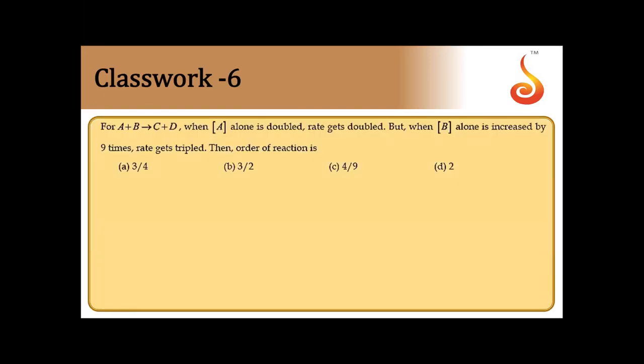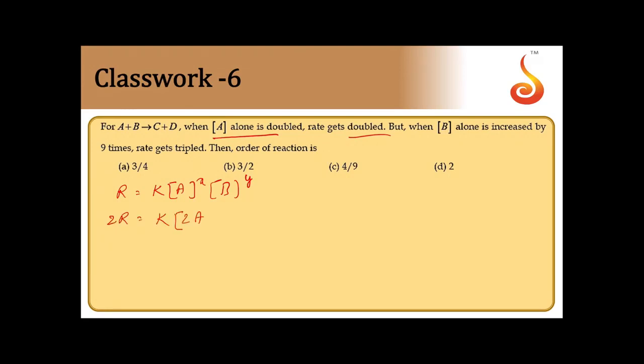Now let us substitute the values here. So rate is equal to rate constant K into A to the power of X, and then B to the power of Y. Now when A alone is doubled, rate gets doubled. So rate gets doubled means 2R, K into A is doubled.